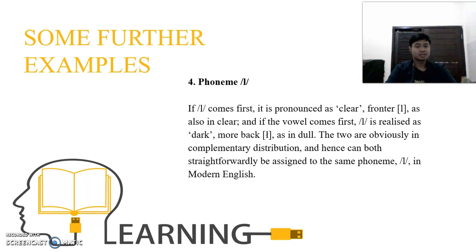If L comes first, it is pronounced as a clear, frontal L, as in clear, and if the vowel comes first, L is released as a dark, more back L, as in dull. The two are obviously in complementary distribution, and hence can both straightforwardly be assigned to the same phoneme, L in modern English.